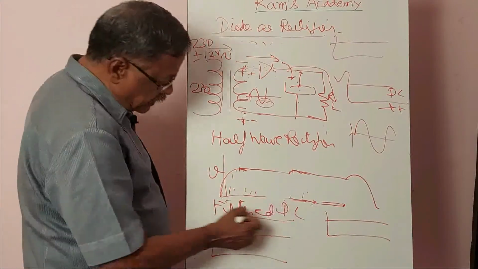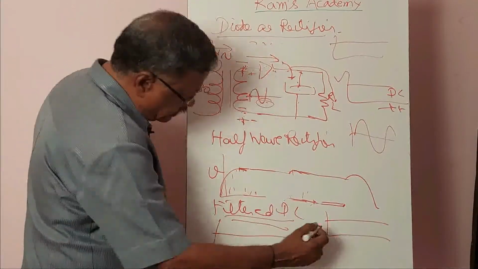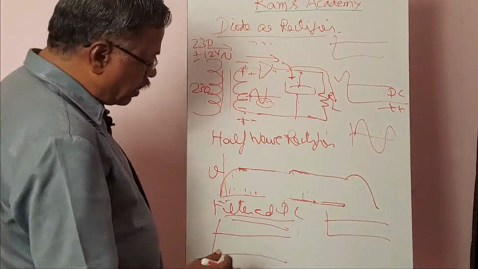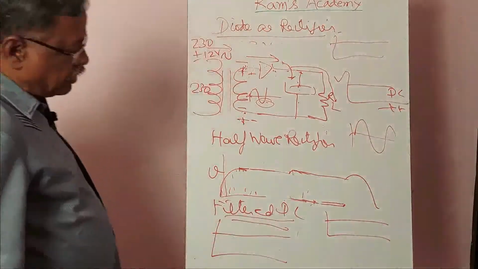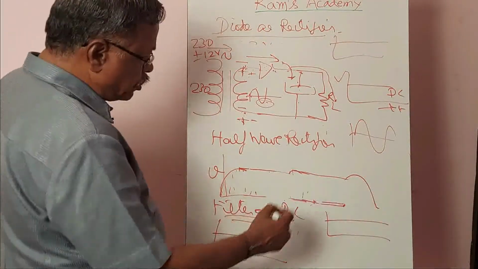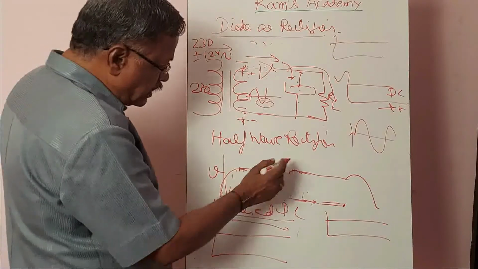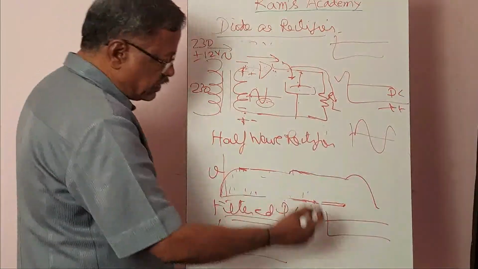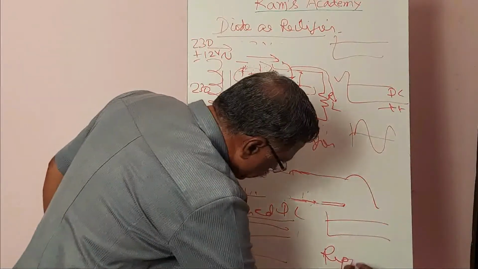Filtered DC means it contains certain ripples. The frequency is not going to be very high, but these changes in the voltage, as it goes up and down, are called ripples.